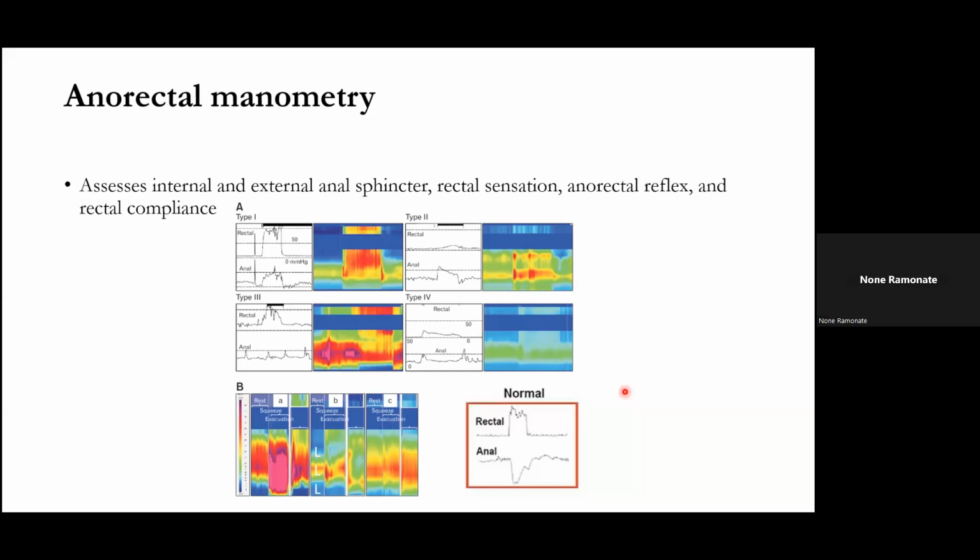I was sitting far from the computer, but good afternoon. Thank you, Prof. I was just saying, in the old literature, but I think it's still applicable, this third type we used to refer to as obstructive defecation.